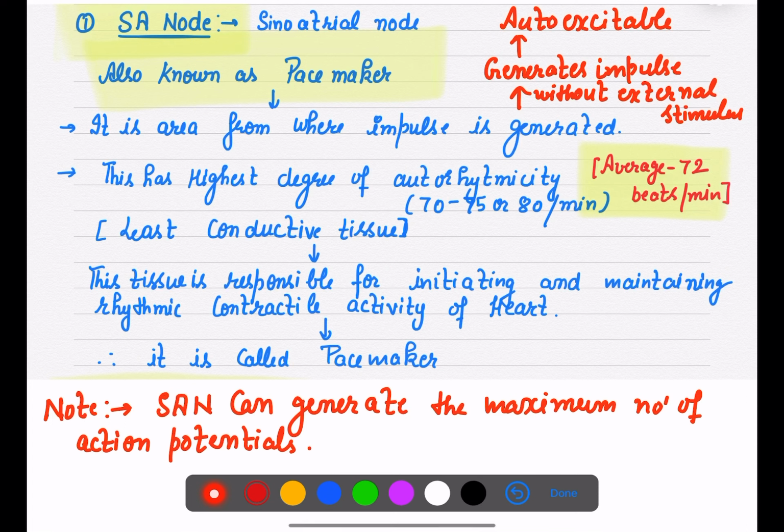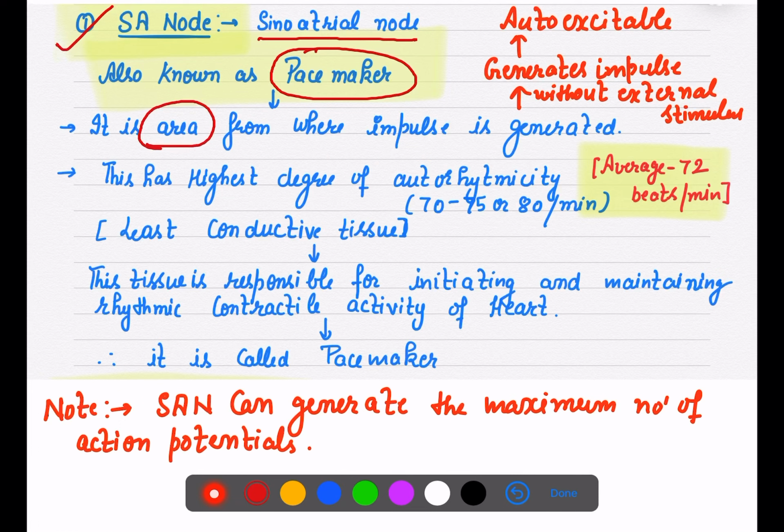Now there are two types of nodal tissues. We have two types of nodes, the SA node and the AV node. First we will talk about the SA node. S is for sinoatrial node. It is also known as the pacemaker. It is the area in our heart from where the impulse is generated, right?